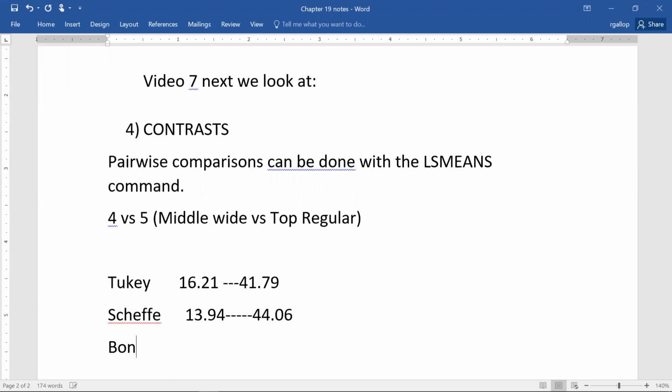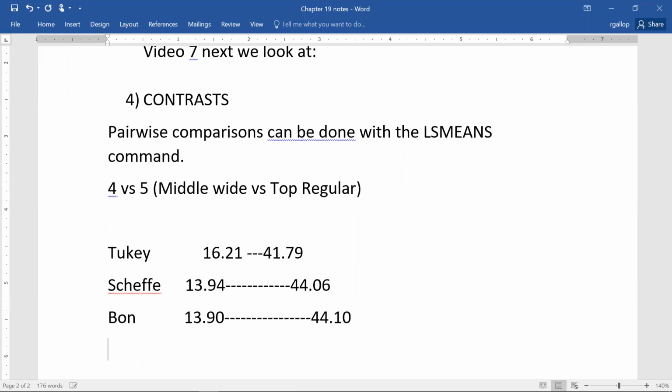And then the Bonferroni, if we make these all look kind of comparable to their width, gave us just a hair wider as compared to the other two.